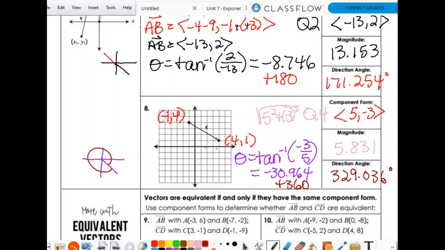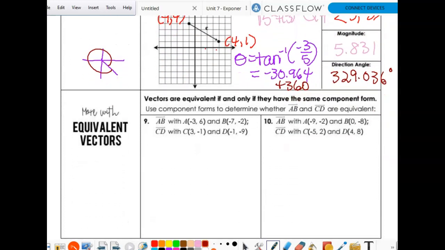Okay, so the last thing I want to talk about is the equivalent vectors. On AB, you have to find the component form. So AB, I need the component form, and that would give me negative 7 minus a negative 3, and negative 2 minus 6.